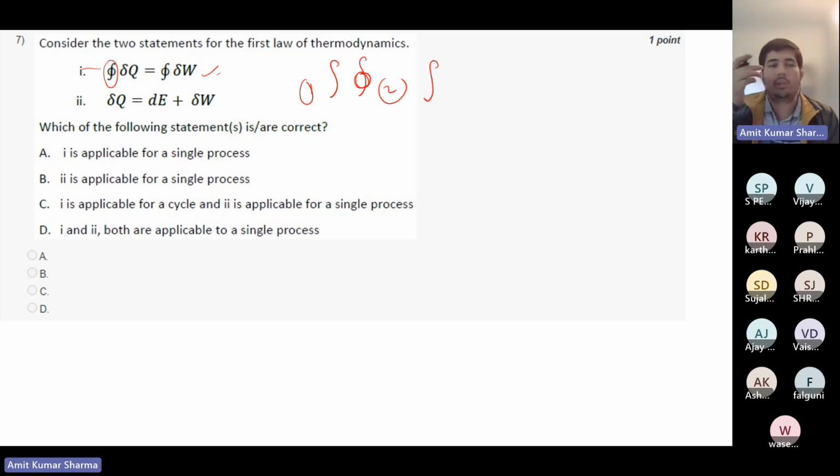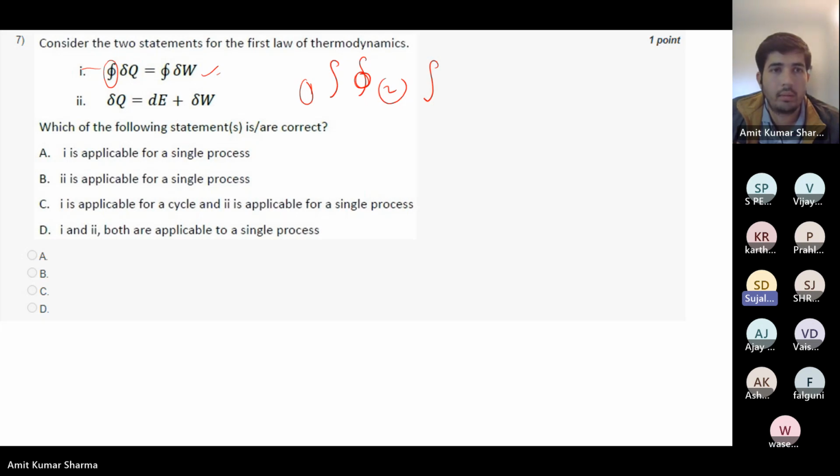Okay, now come to option B. Statement 2 is applicable for a single process. Please discuss your reasoning. In the second equation, when we do a thermodynamic process, that is a single process, the heat which we provide is divided into two parts.